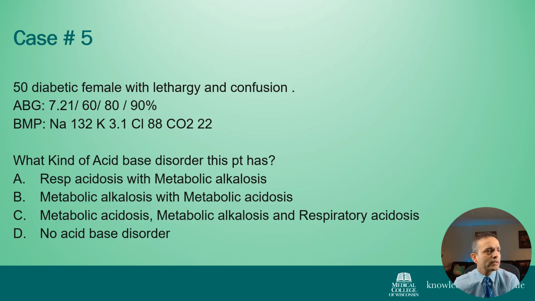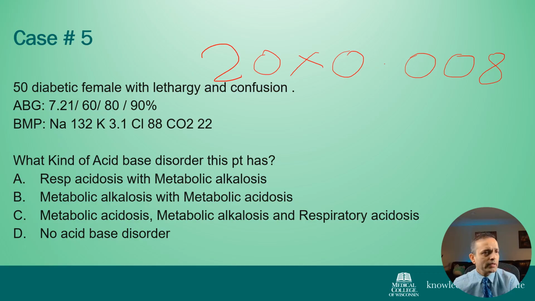So starting with this 7.21, so acidosis with high carbon dioxide of 60, so 20 more, 20 into 0.008, so that is going to be 0.16. So with this carbon dioxide pH is supposed to go down by 0.16, which is 7.24, but this patient has more acidosis than you expect from that carbon dioxide, so that means there's an additional process, most likely metabolic.